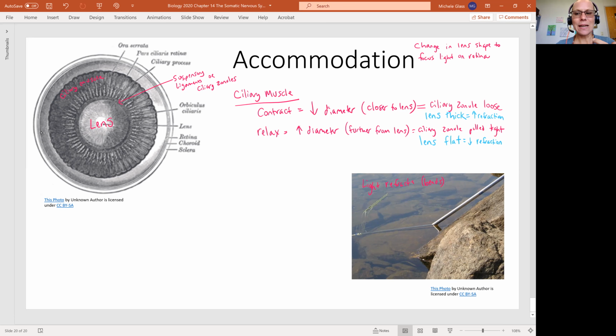If you're looking at something far away, you want those wavelengths of light to be going from the object all the way to your fovea. There's a long distance to cover. If there's a long distance to cover, you don't want to bend it. You want to stretch it out. So in the case of a long distance, you want to have a relaxed ciliary muscle.